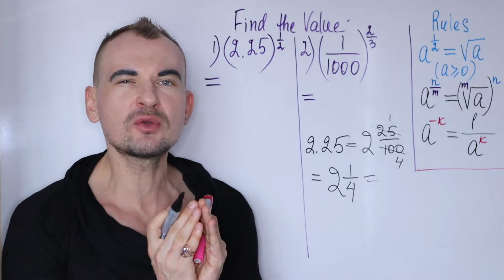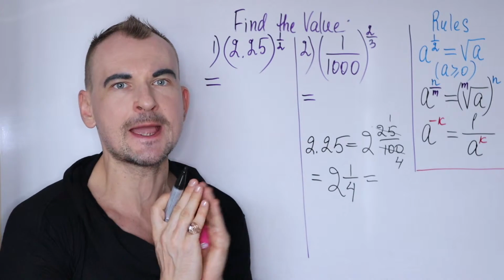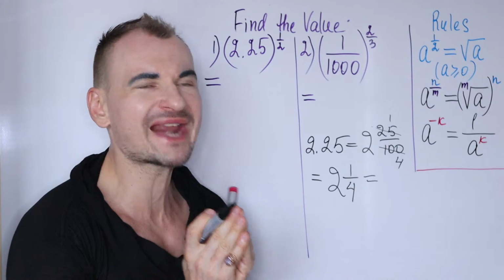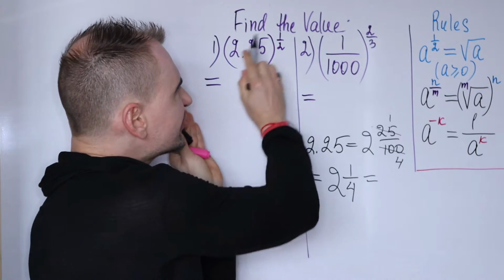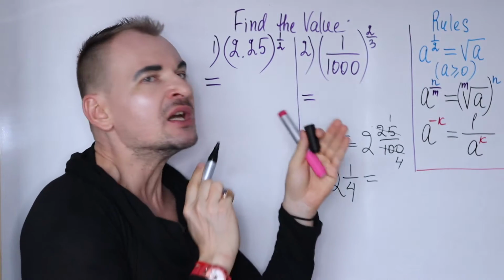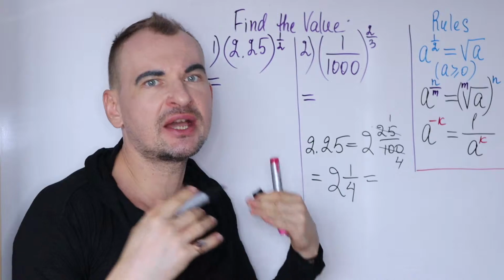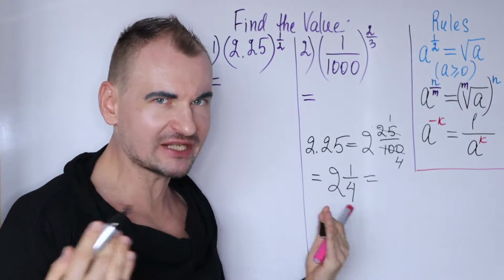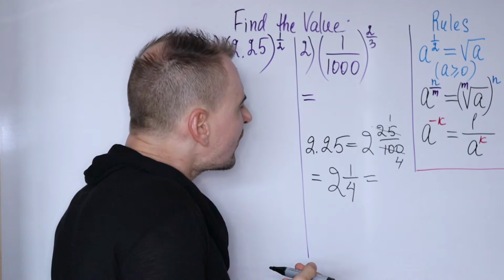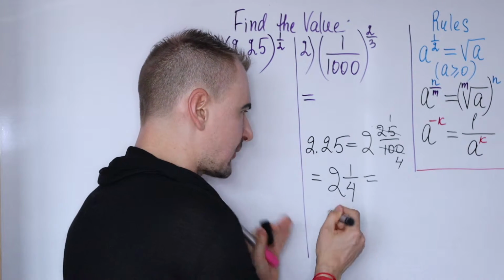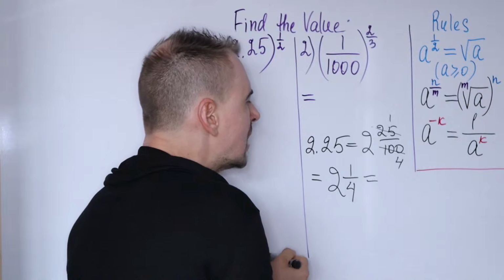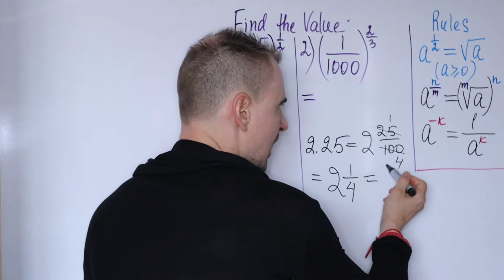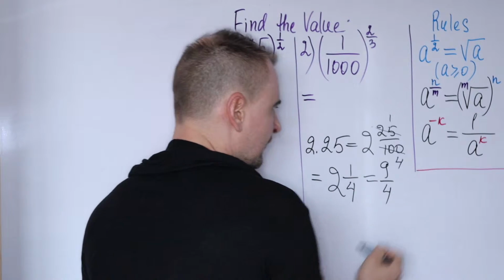I would recommend you always convert it into an improper fraction, since this power could be rewritten as a root, and eventually we are going to take a root. So it's better to rewrite it as an improper fraction. 2 times 4 gives you 8 plus 1 gives you 9 over 4.